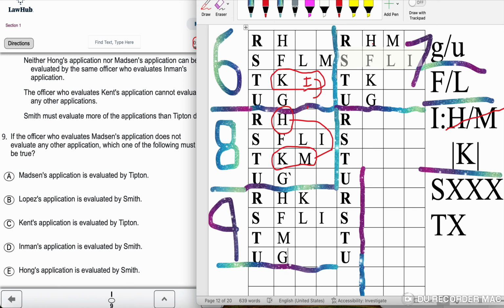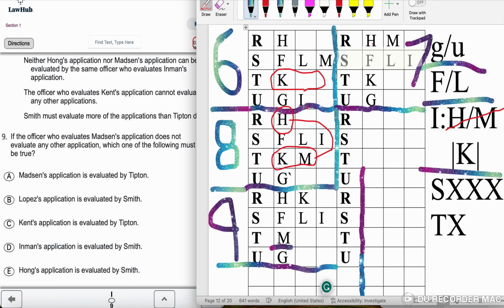So I got this game board right here where T is evaluating 1. Once again, go back to using this game board, modifying it again, putting the I right here. And what I like to do is give you a better view of what I'm looking at. So basically the officer who evaluates M does not evaluate any other. So M needs to be by itself.